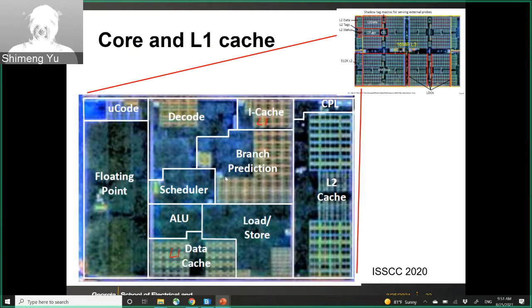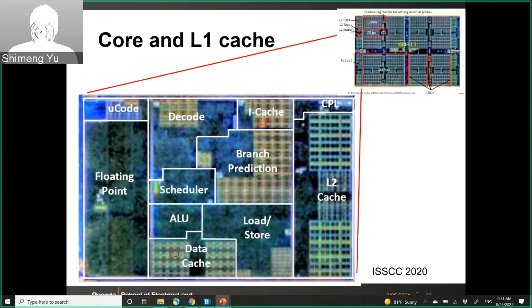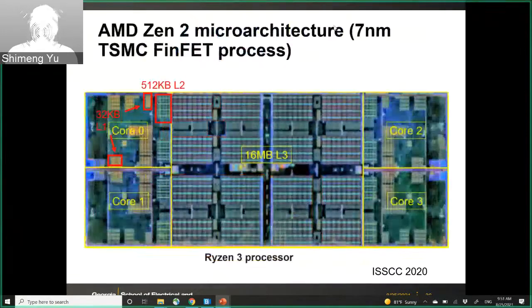So those are the logic components. But overall, you can see that the logic component is pretty small in total. If you consider the whole chip, the logic is probably this part, and then all the rest are the memories.